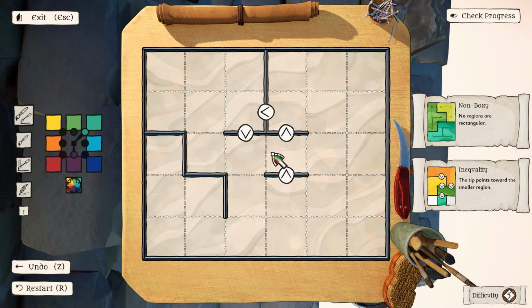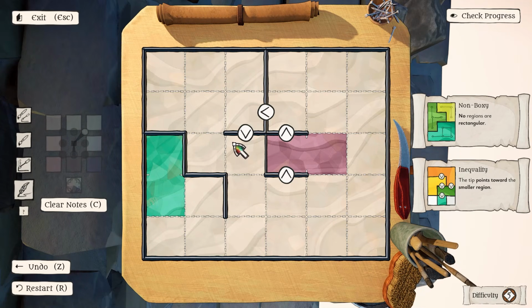So I mean that means that's split. So you're doing this at least. Also, non-boxy means we know this is going to come out here somewhere. I can see there's like a boxy shape up here that we need to break as well. Okay, so let's also do the whole, like, this is a 1 plus, this is a 2 plus, this is a 3 plus, this is a 4 plus, and this is a 5 plus.